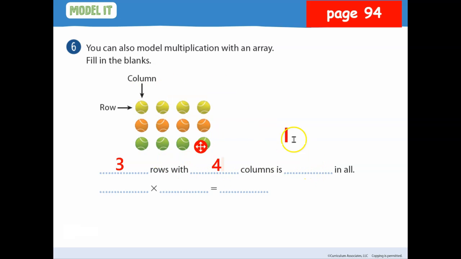How many total tennis balls? Wait. Are we adding or multiplying? 12. I don't see 7 tennis balls. How many tennis balls do I see? 12. You're right, 12, but let's double check. 1, 2, 3, 4, 5, 6, 7, 8, 9, 10, 11, 12. So there's 12 total.